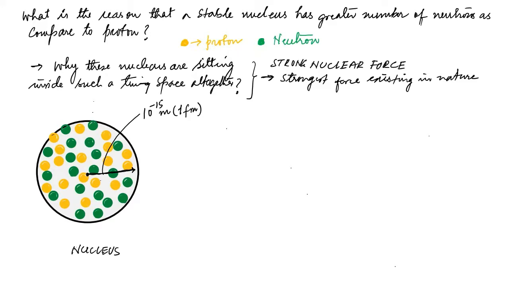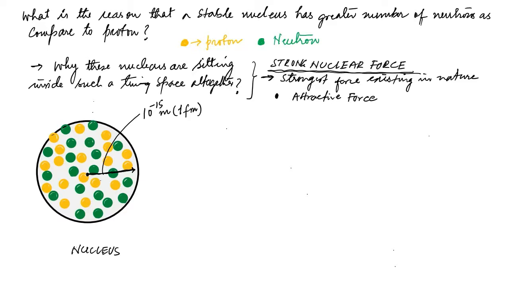Because of this strong nuclear force, these nucleons are held together in such a tiny space, and this is the strongest force existing in nature. Let us first try to understand some of the properties of this force, which will help us understand why we need more neutrons than protons for a system to be stable. The first property is that it is an attractive force.